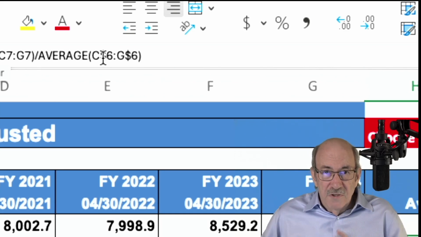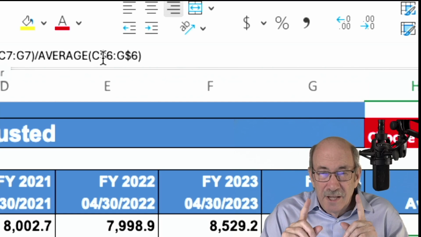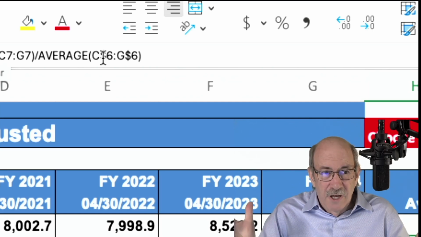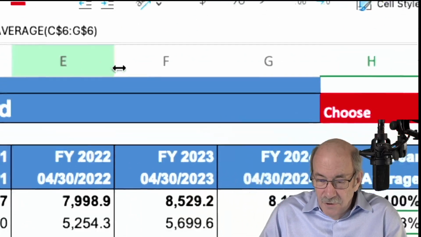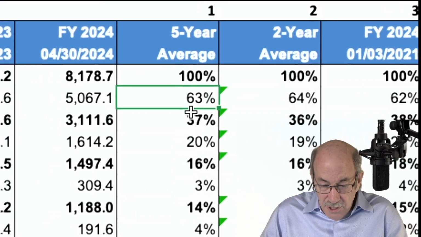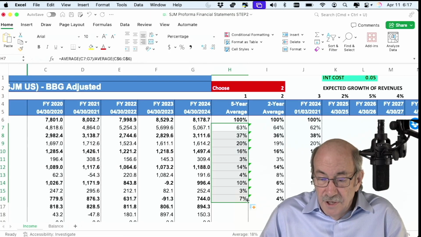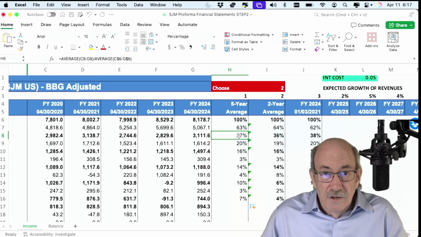So once I've written that formula, all I have to do is drag it down, and I've got all the others. So I write this one formula, literally drag it down like this, and everything updates, and you're done.